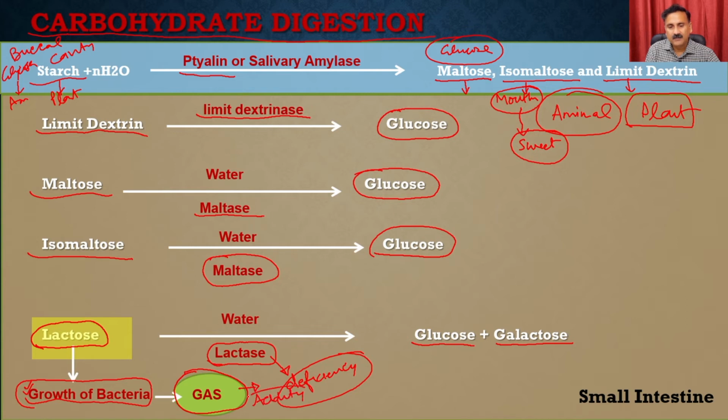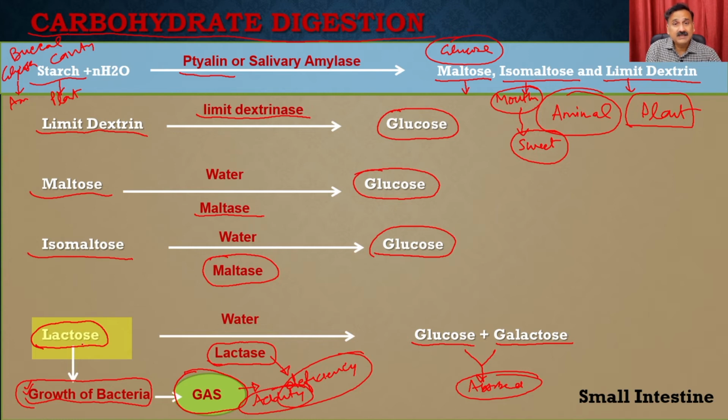So, if the lactase enzyme is present, the lactose is going to be metabolized, and it's going to form glucose and galactose, which are then absorbed, right? But if it is not present, or if there is an inefficiency or deficiency of the lactase enzyme, the lactose is going to accumulate.